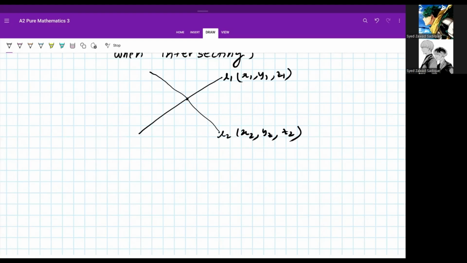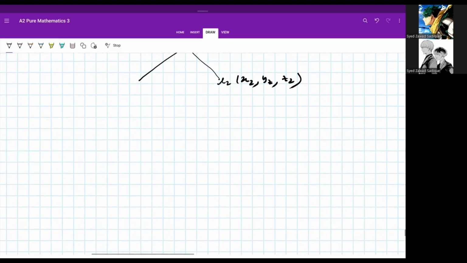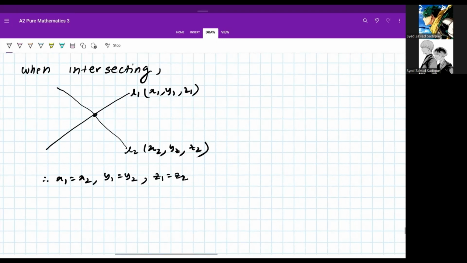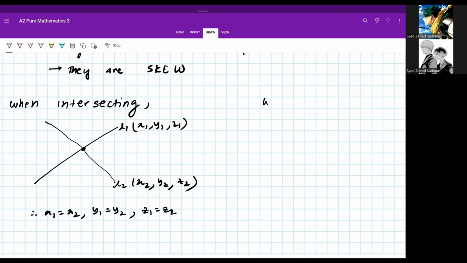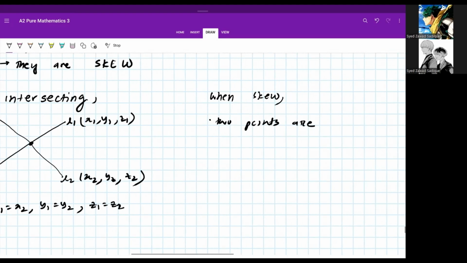Okay, right. So if they're intersecting, we can say x1 is equal to x2, y1 is equal to y2, and z1 is equal to z2. When skew, two points are equal, one point is different.